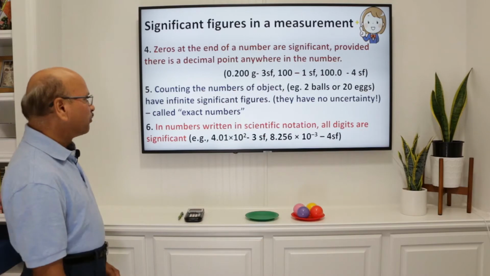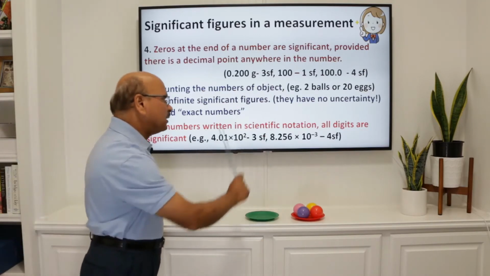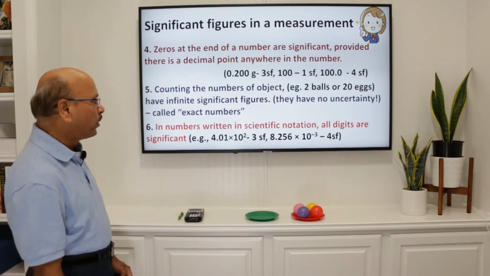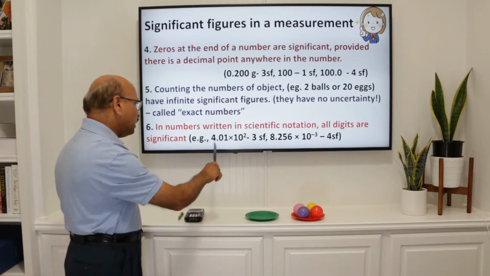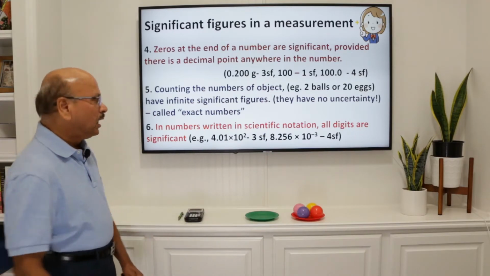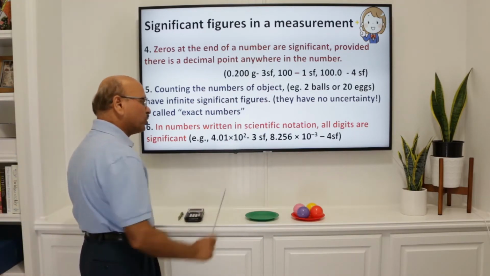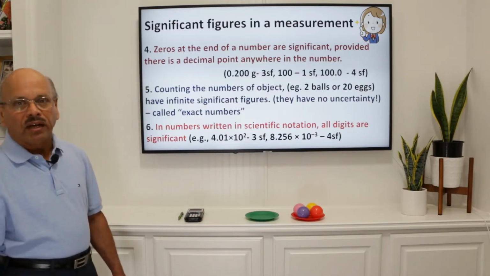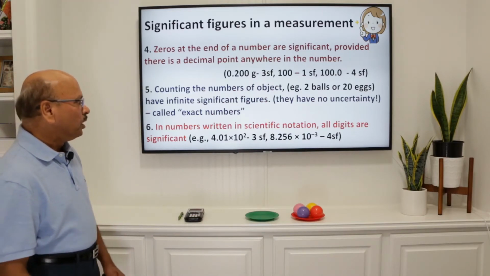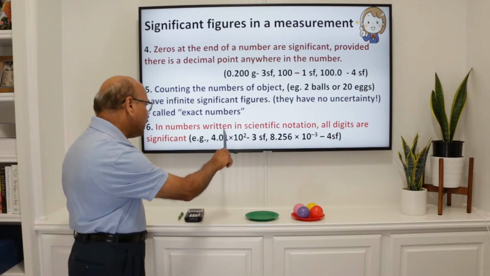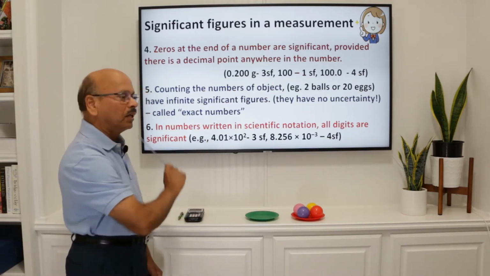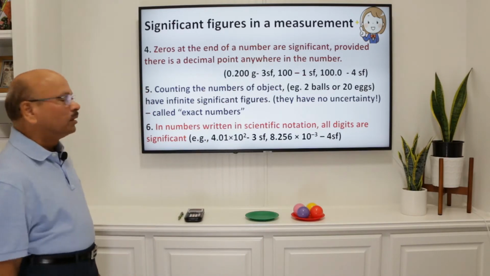Okay. Finally, numbers written in scientific notation. You remember we have two parts. The first part is the digits, and the second part, the exponential part, is just saying the magnitude of the measurement. The number of digits in the first part, all of them are significant.